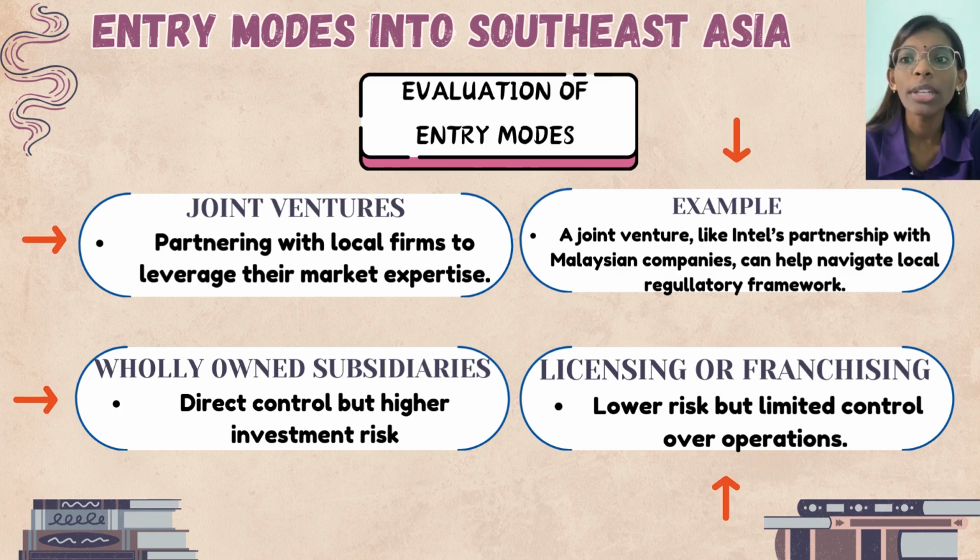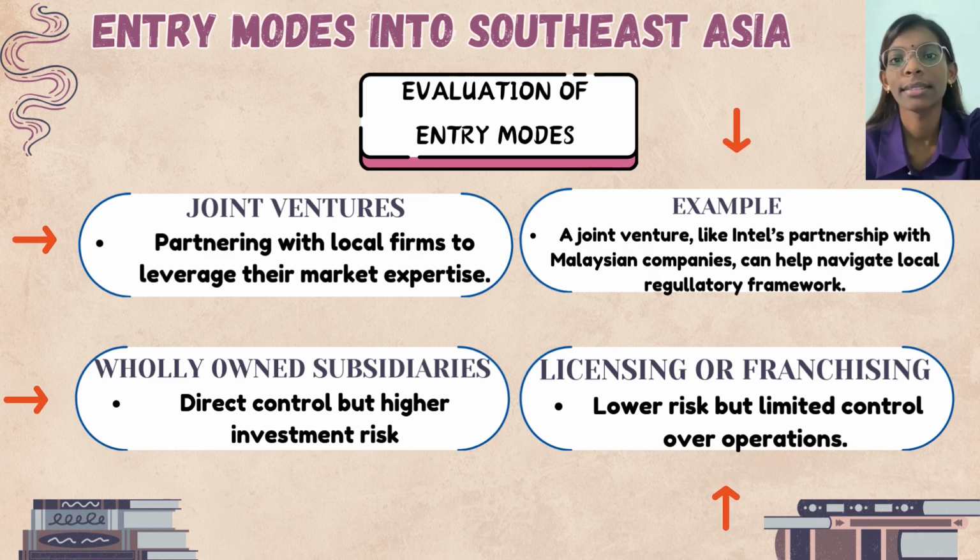Alternatively, wholly owned subsidiaries provide full control over operations but require significant investment and come with higher risk. For companies looking to minimize risk, licensing or franchising can be a viable option, though it offers less operational control. The decision should depend on factors such as the regulatory environment, competitive landscape, and also cultural compatibility.